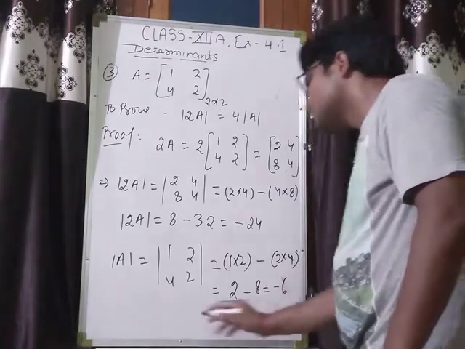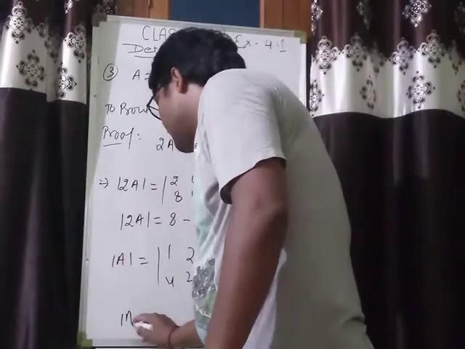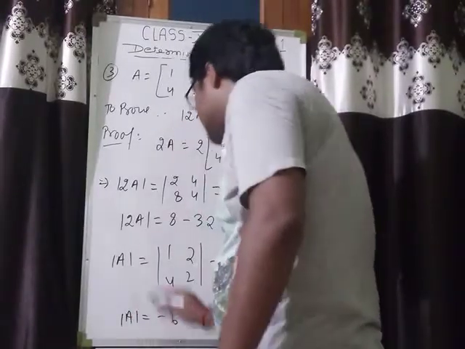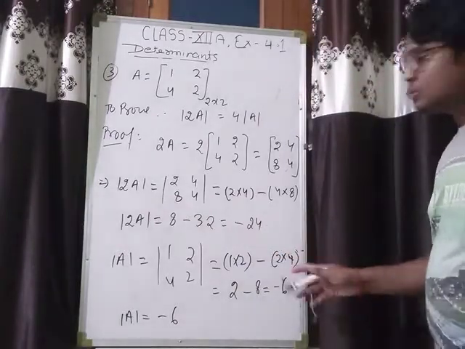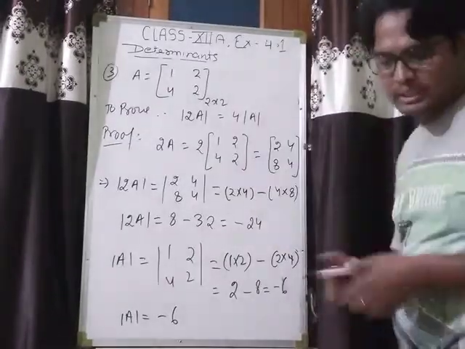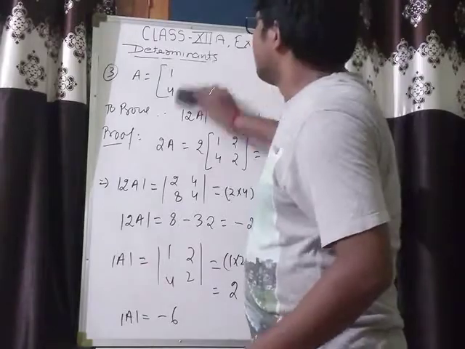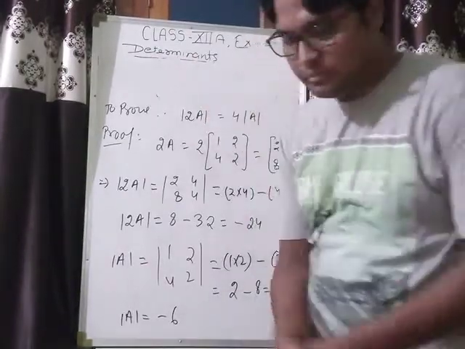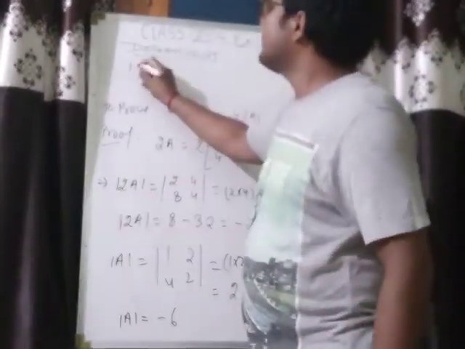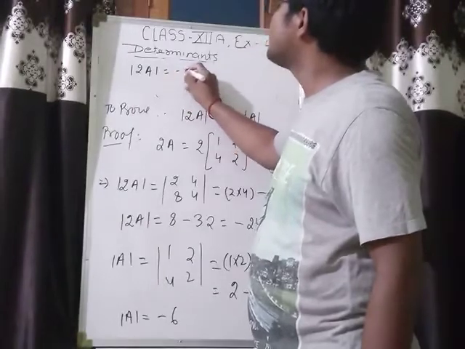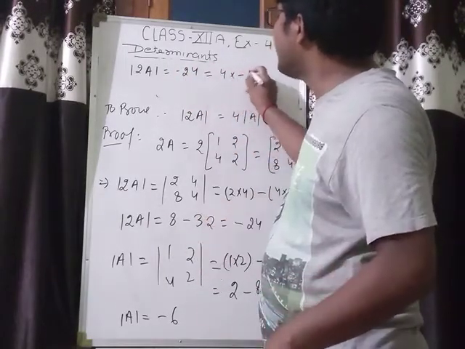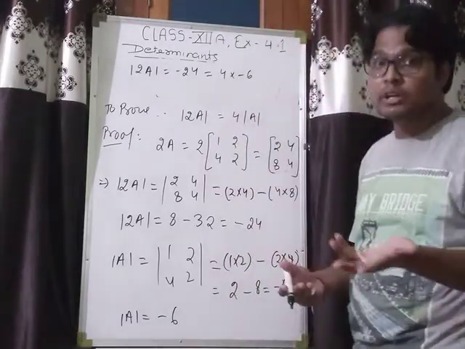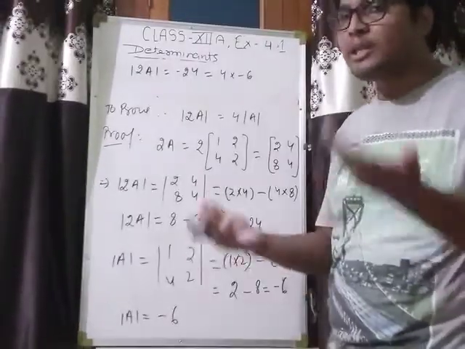So you can see from here that determinant of A is minus 6 and determinant of 2A is minus 24. So how can we relate these two? See, determinant of 2A is minus 24. So minus 24 can be written as 4 into minus 6. 4 6s are 24, so 4 into minus 6 is minus 24.